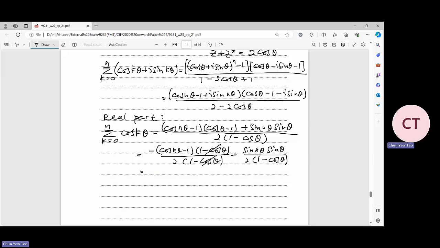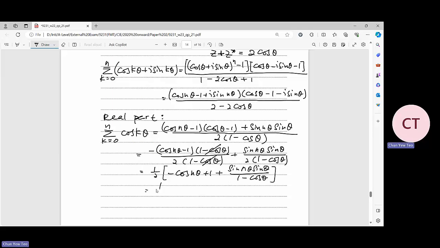Now this one can cancel. Then take a half out, and you get negative cos n theta plus 1 plus sine n theta sine theta over 1 minus cos theta.